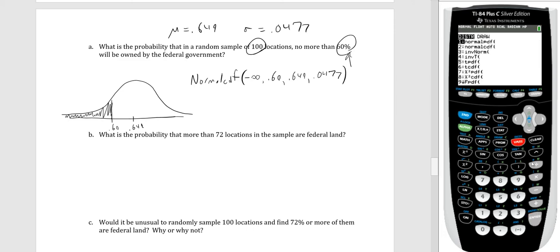We run normal CDF in our calculator: lower bound negative infinity, so a bunch of 9s, then 0.6, 0.649, and 0.0477. What we get is a probability of about 15.21%.